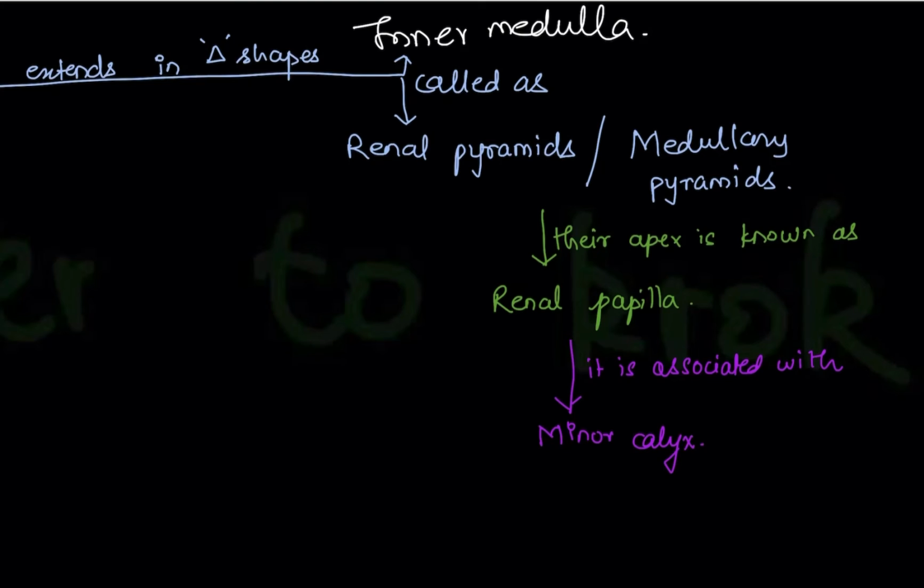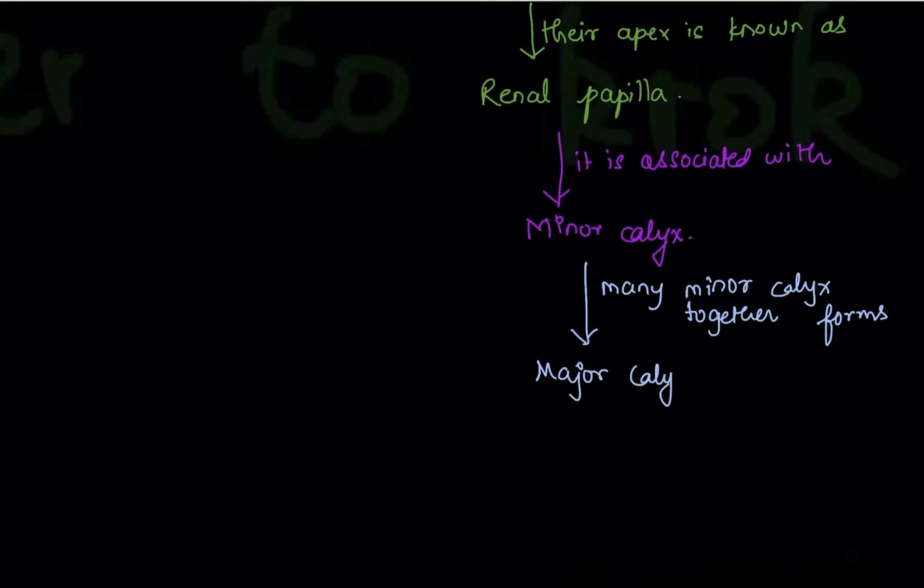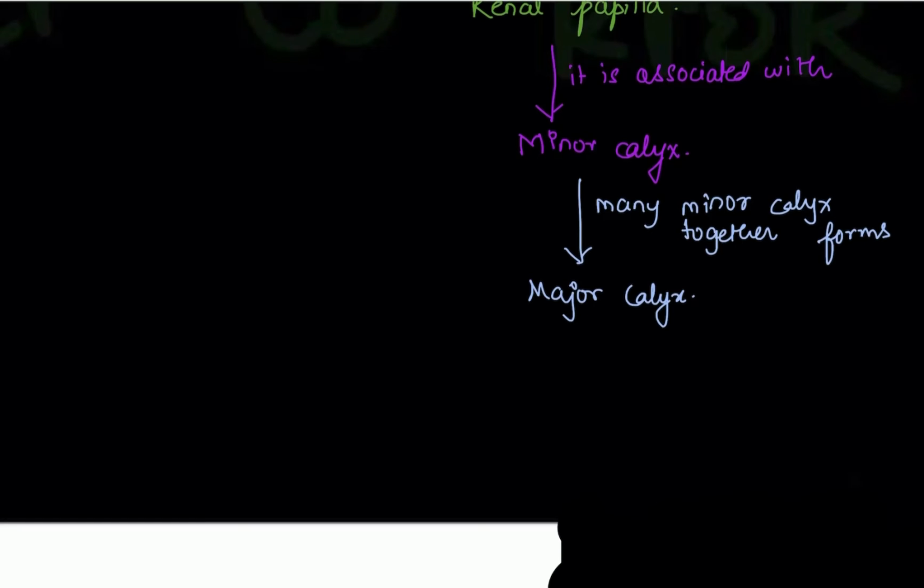Now write down many minor calyx together form major calyx. Many major calyx open into renal pelvis.